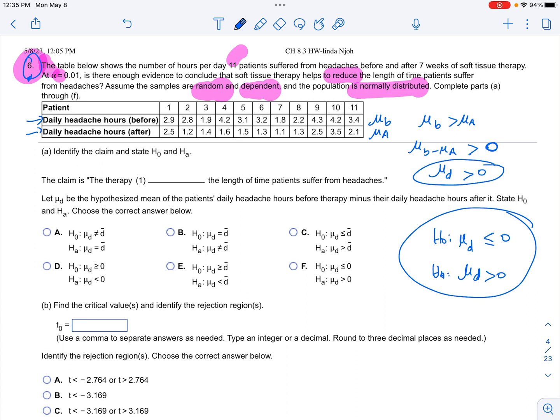Now, in 8.1 and 8.2, the way we set up the alternative and null was a bit different. But because you're looking at differences between the pairs, when you're talking about reducing, you're saying that the average daily headaches before the treatment is going to be greater than the average daily headaches after the treatment.